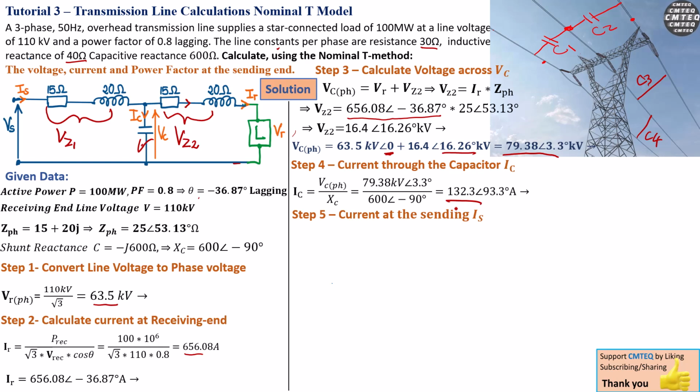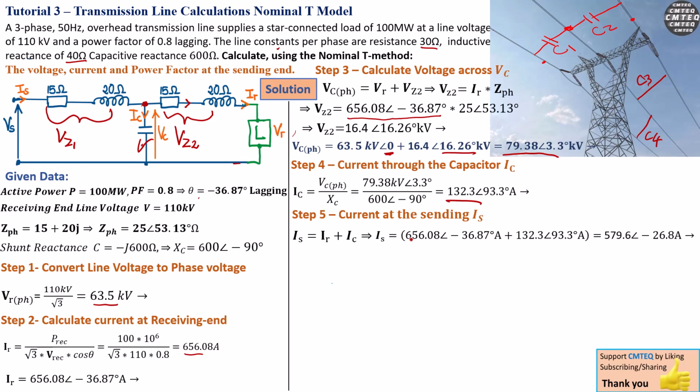Continuing, step 5. Now, since we now find this current, again, Kirchhoff current law, which means I sending here must be equal to the sum of current leaving this particular node. So that is IC plus IR as per the previous tutorial.